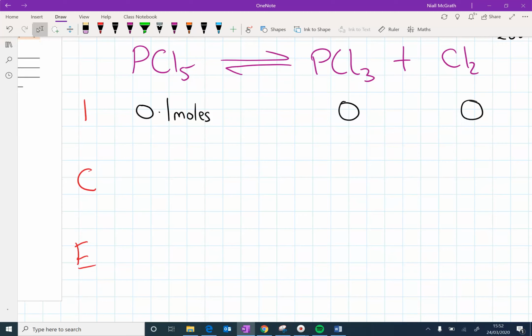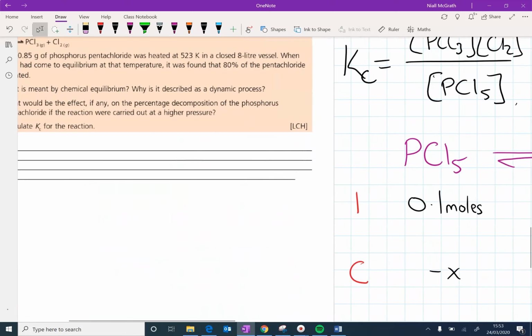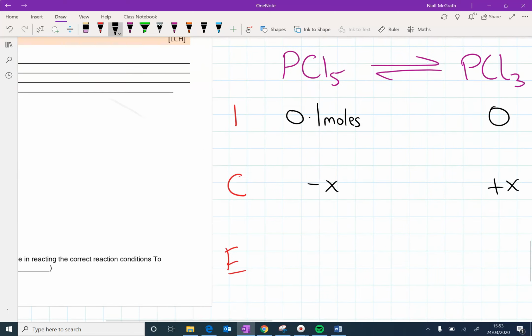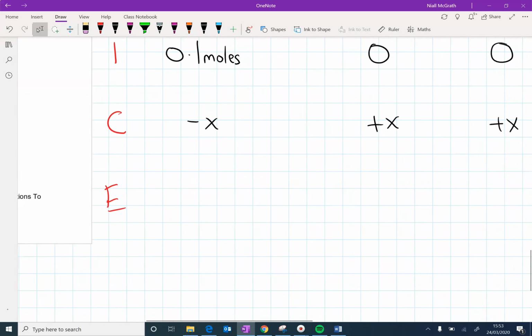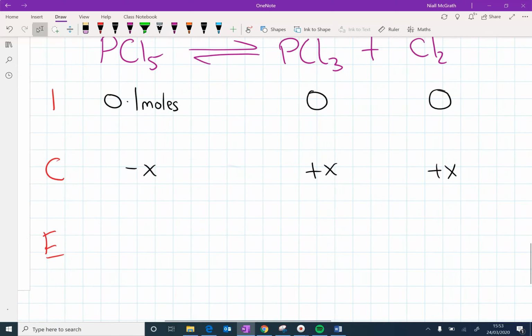The change that we're going to have then, this is going to be minus x here. We're going to gain an x here and gain an x amount here. We are also told in our question, it was found that 80% of the pentachloride had dissociated at equilibrium. So that's 80% of 0.1 moles.